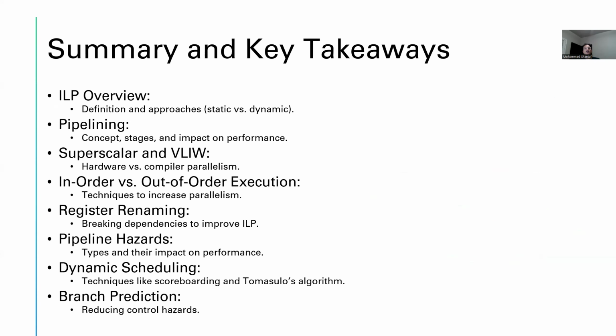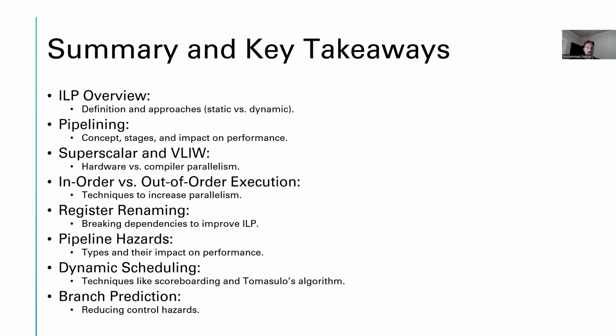That was it for today regarding ILP, just an ILP overview. We went over the definition of it, and the different approaches that you can take. We said that there's a static way or a dynamic way. As for pipelining, we went over the concepts, the stages, and the impact on performance.